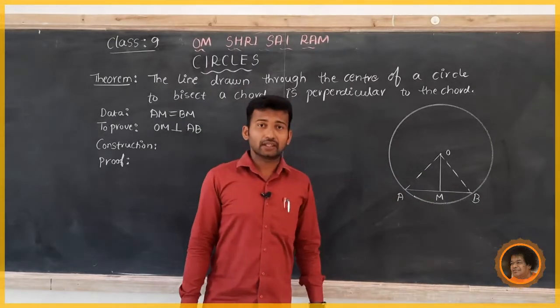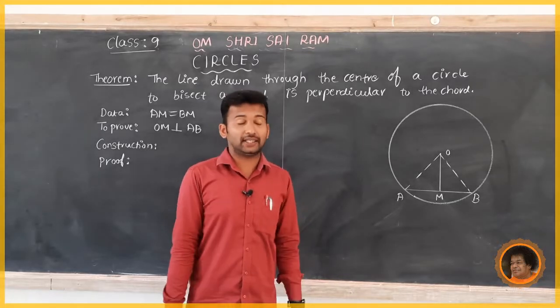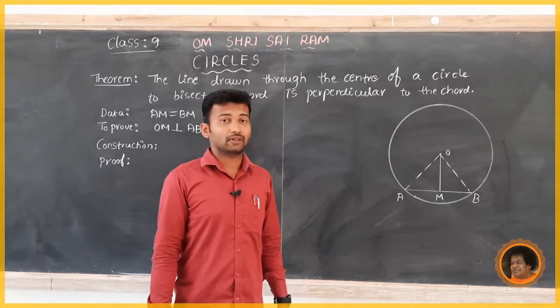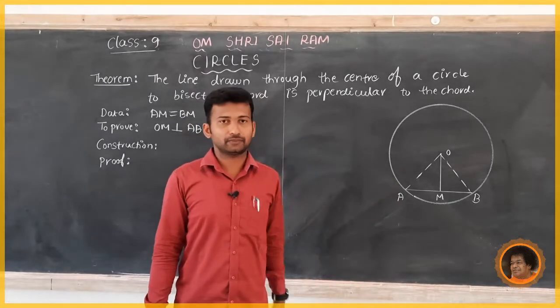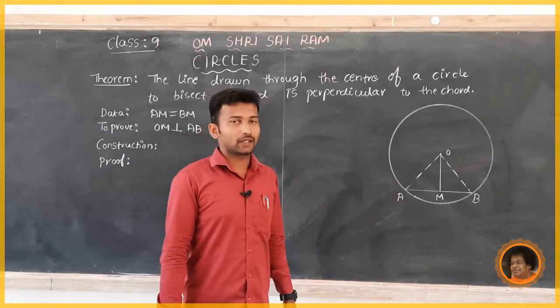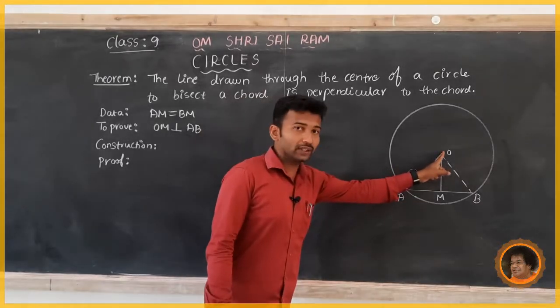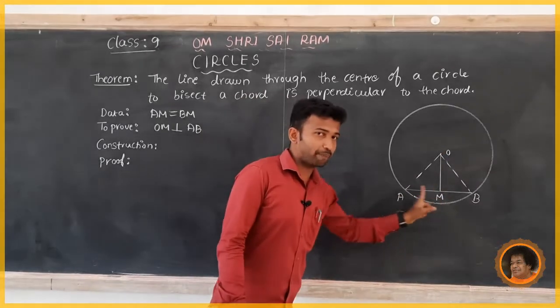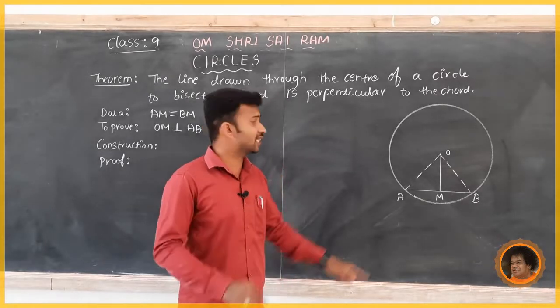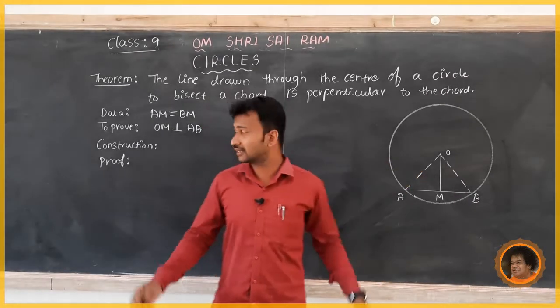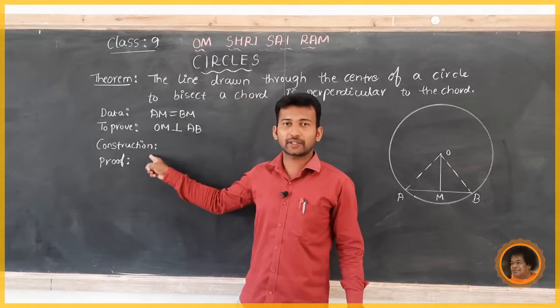By using the postulates of triangles, we have to prove two triangles are congruent. We have only OM perpendicular to AB, but we need a small construction in this circle. That is the third step, construction.